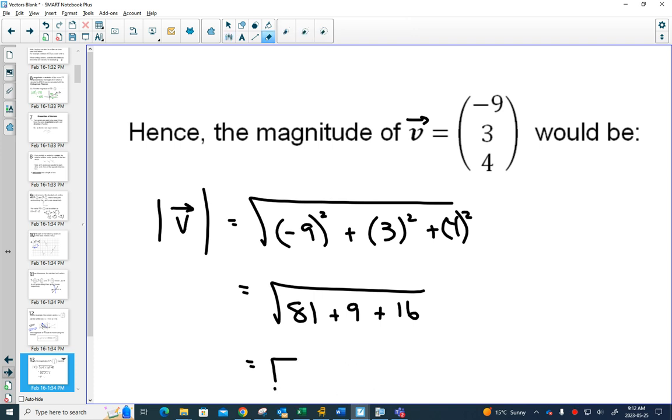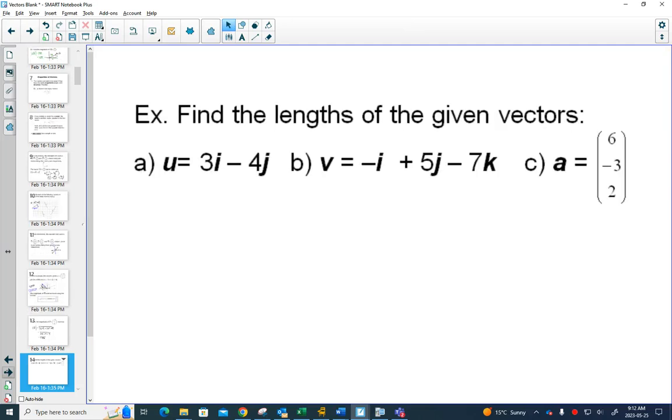Oh, close. Square root of 106. Beautiful. So it's just over 10 as far as that length from one corner to the other corner.